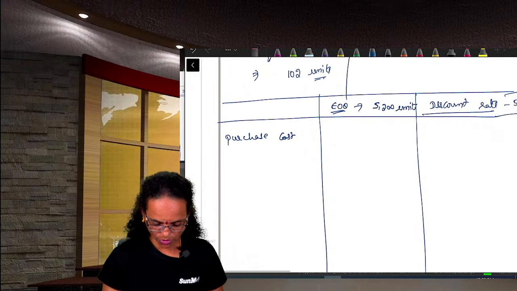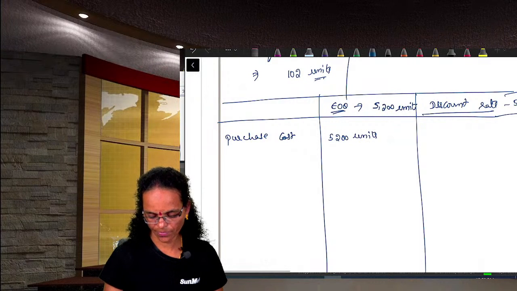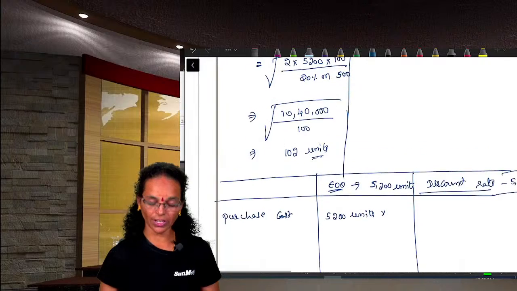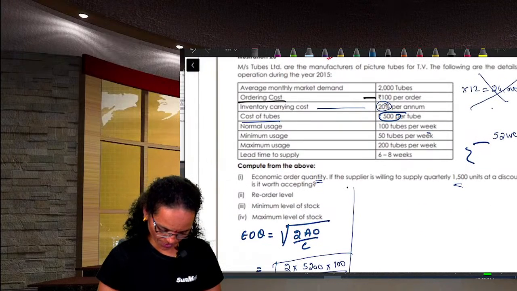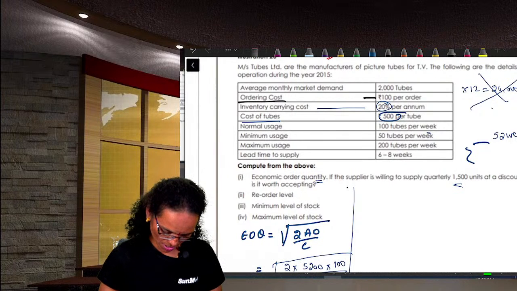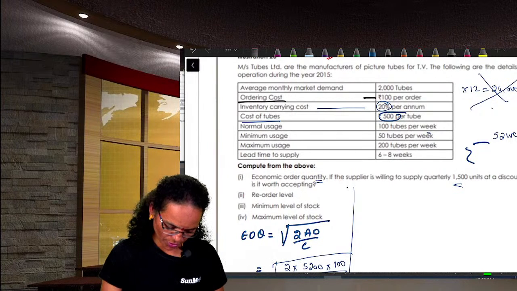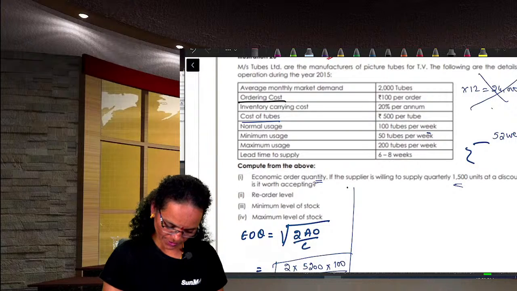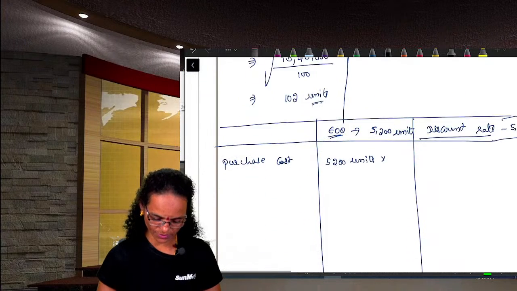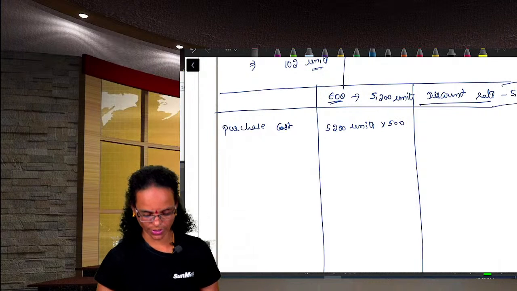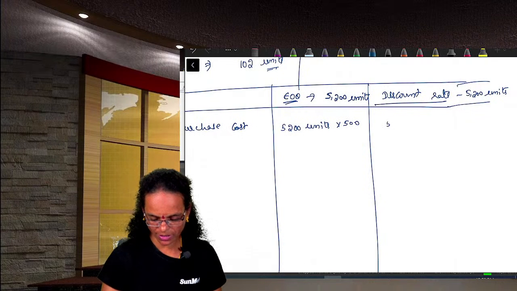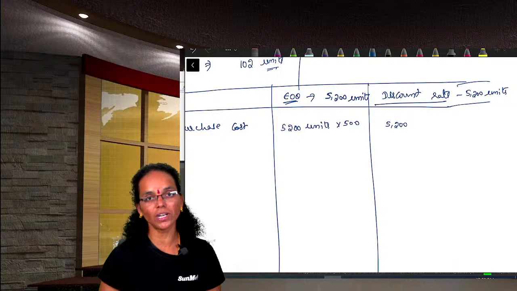So 5200 units we are purchasing at a rate of 500 rupees per unit under economic order quantity. Under the discount method also we are purchasing 5200 units.